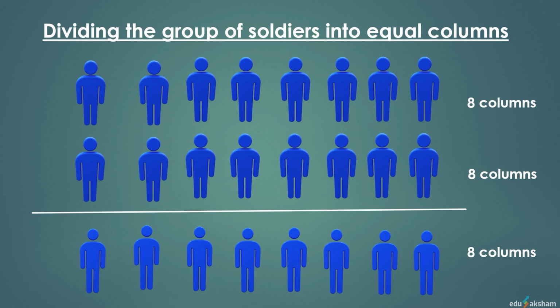The two groups of soldiers could divide themselves into 8 columns because 16 and 8 are both divisible by 8, and since we had to find the maximum number of columns in which they can march, we took the highest common factor of the two numbers, which is 8.